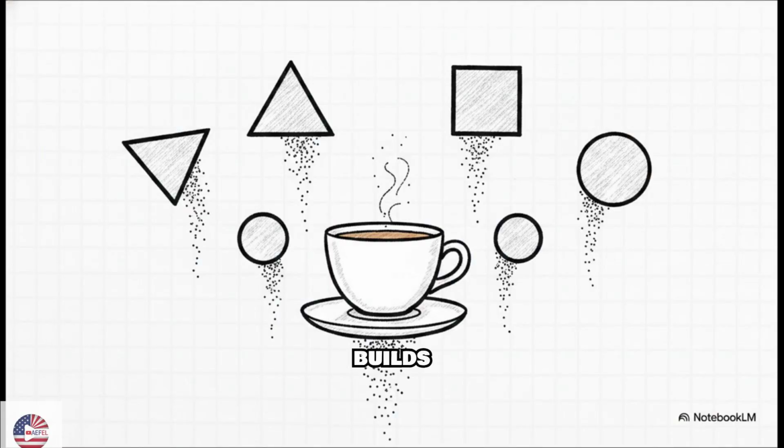Let's see how this actually builds with some of the highest frequency words in the entire language. Notice how they shrink down to that single tiny schwa sound. To becomes ta, for becomes fur, of becomes uv, and becomes un. So a phrase like a cup of tea isn't pronounced a cup of tea in natural speech. It's a cup a tea. The of almost completely vanishes into just a tiny breath of a schwa.